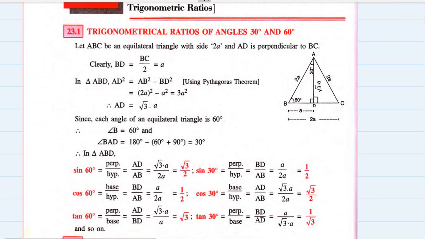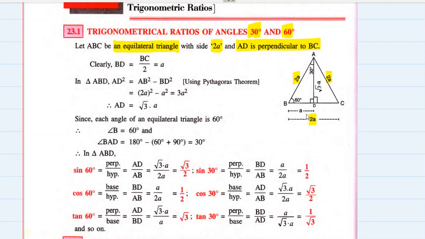For finding the values of trigonometric ratios of 30 and 60 degree, you first have to draw an equilateral triangle whose sides are of measure 2a. Each side is of measure 2a: AB, BC and AC. In this equilateral triangle, you have to draw AD perpendicular to BC. You have to drop a perpendicular or an altitude to the opposite side from the vertex.